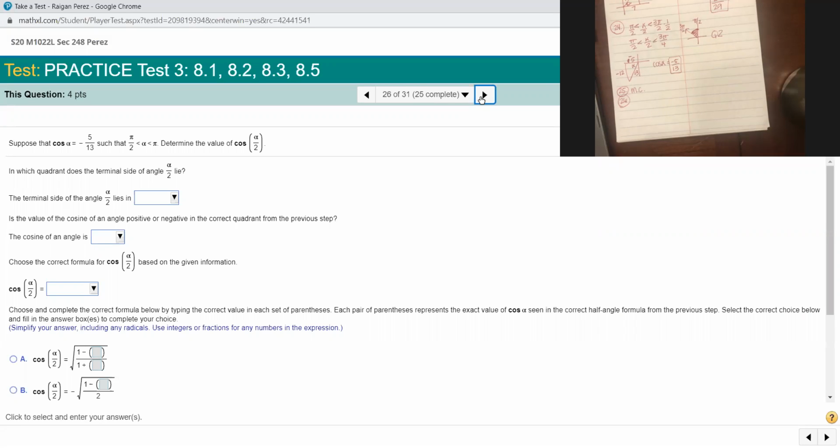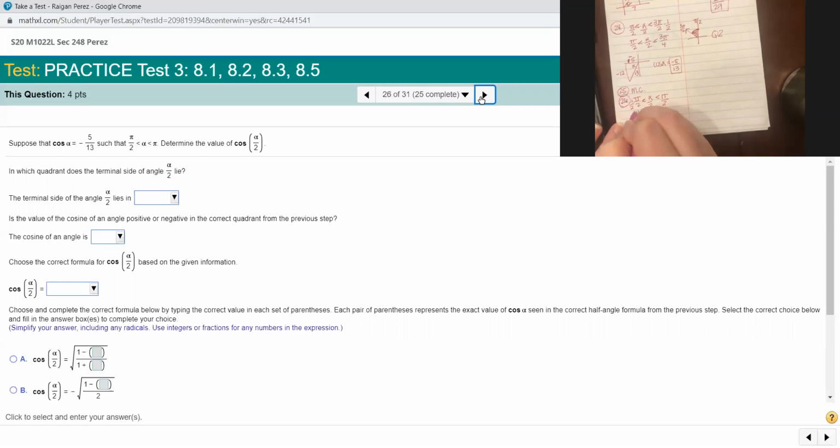Number 26. Suppose cosine alpha is negative 5/13 and alpha is in between pi halves and pi, so that's quadrant 2. Determine the value of cosine half angle. First we have to find out where the half angle is, dividing everything by 2.